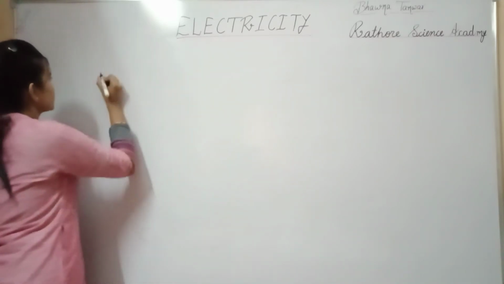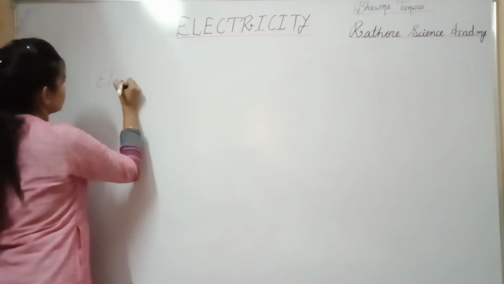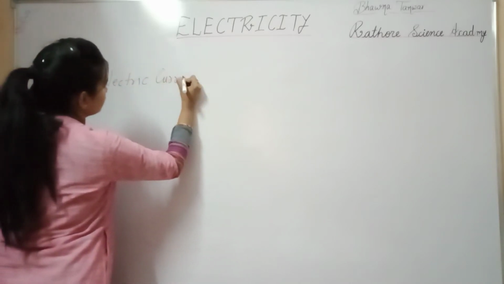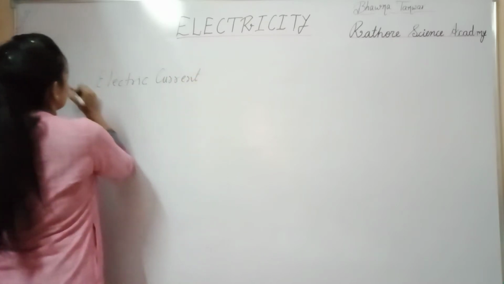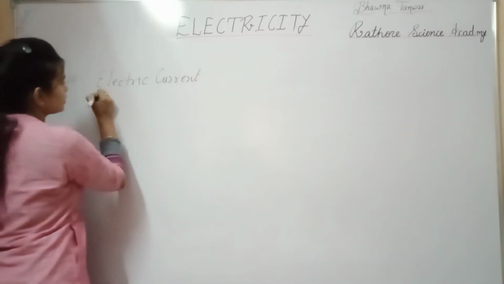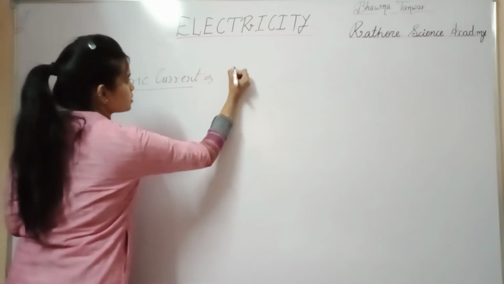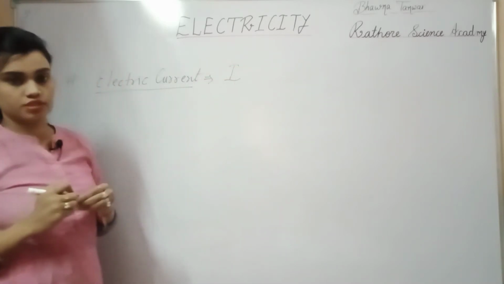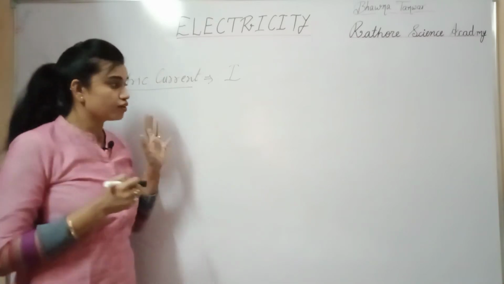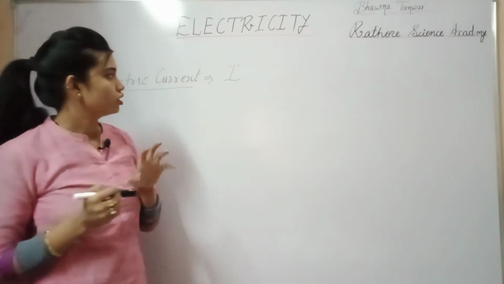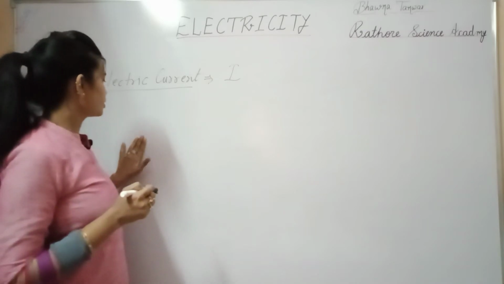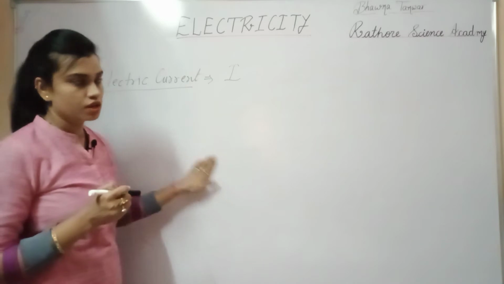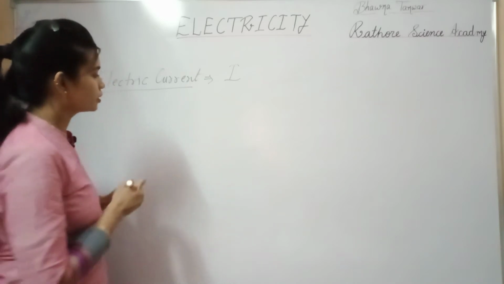The symbol of electric current is I. What do we call electric current? The rate of flow of charges is called electric current.